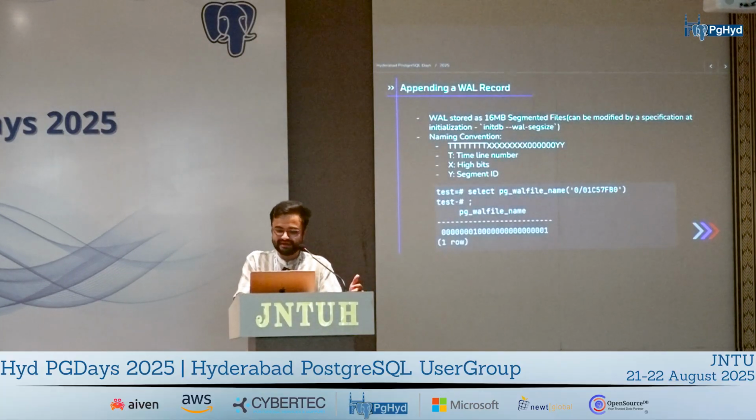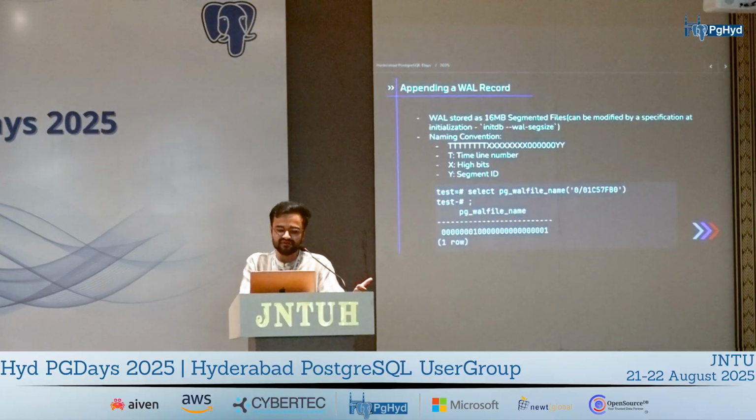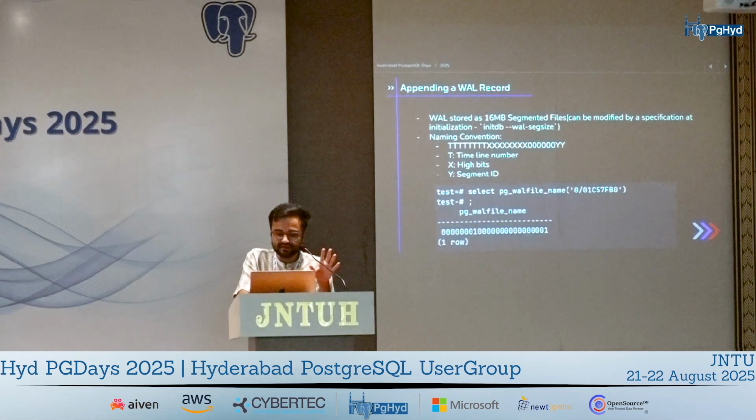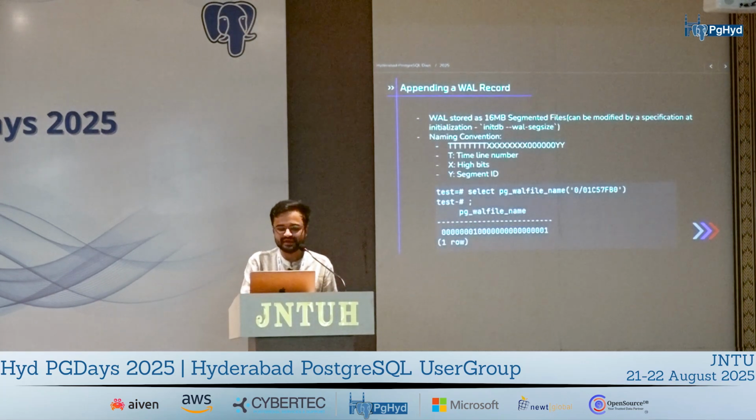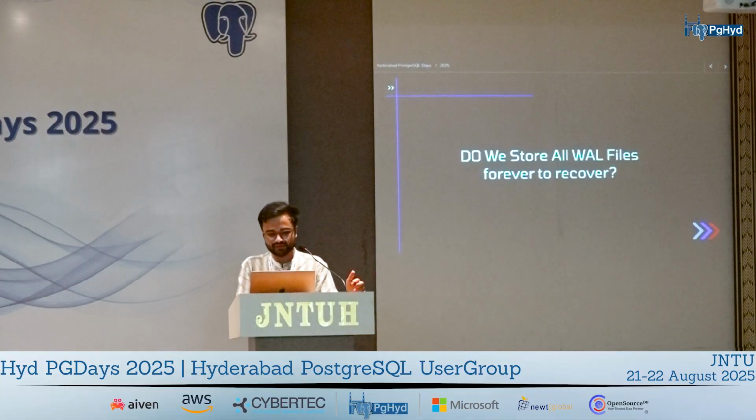Again, if you want to get the actual WAL file present on your disk, you can use the pg_walfile_name function, and you just need to give the LSN value there. In this case I have hard coded the value, but I could have just called the function again within this to get the file of the latest WAL record.